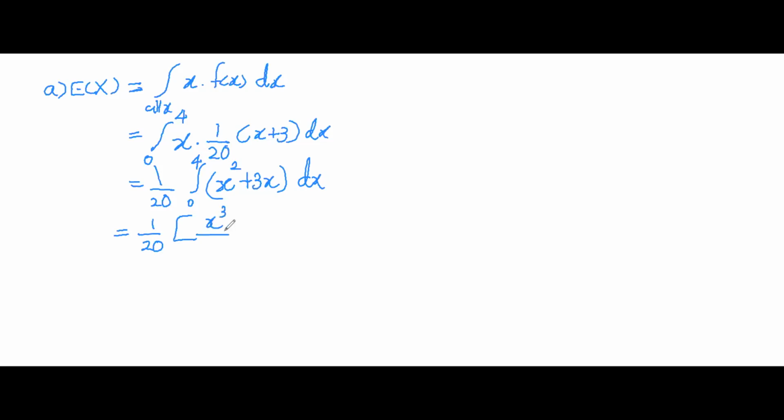It is x cubed into 3 plus 3 x squared over 2. Substitute the values 0 and 4, right? So this is equal to 2.266, I guess. Is that so?